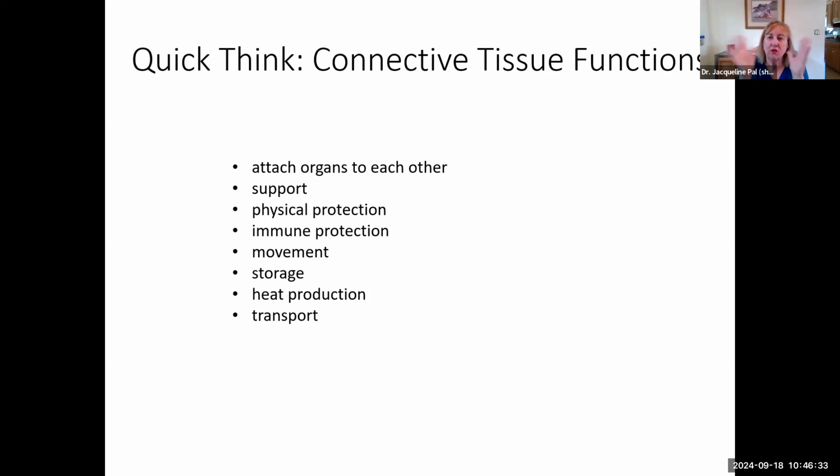Okay, so 2 things I want you to do. First thing, a quick think. I wrote different functions for different types of connective tissue. Go through, think about, first thing, write down your 6 types of connective tissue without looking them up. You should be able to, because remember, A, B, B, C, D, and then try to link them up. Maybe more than one type does more than one function.